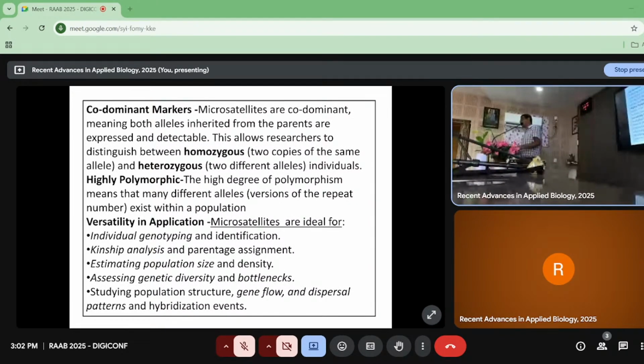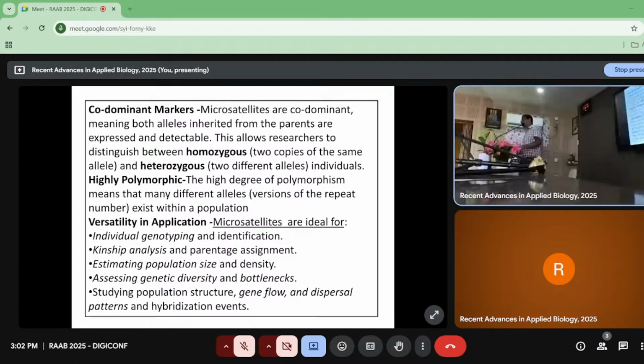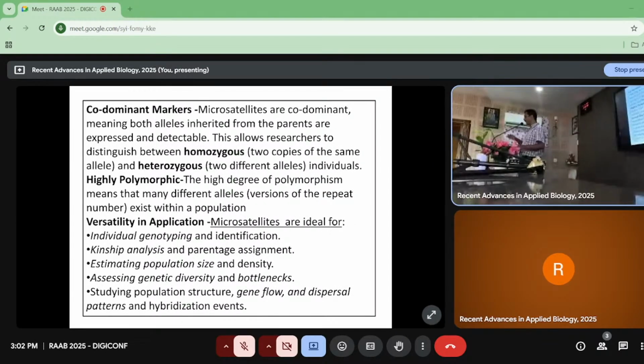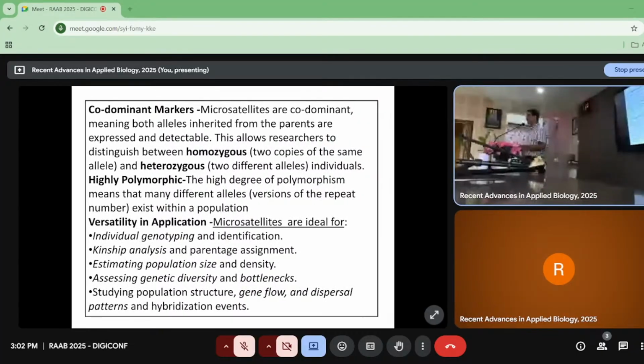Microsatellites are ideal for individual genotyping and identification, and kinship analysis, to find out their nearest ones, their family basically. Also estimating population size, assessing genetic diversity and bottlenecks, and studying population structure, gene flow, dispersal patterns, and hybridization events.